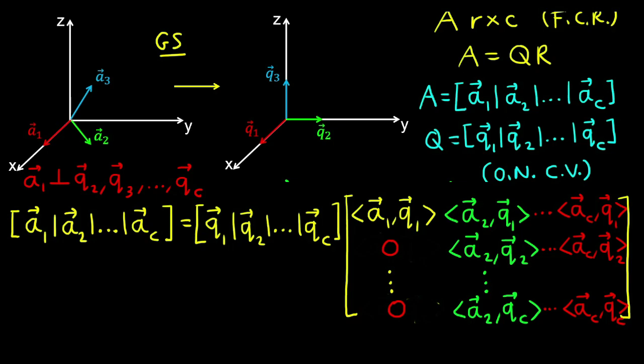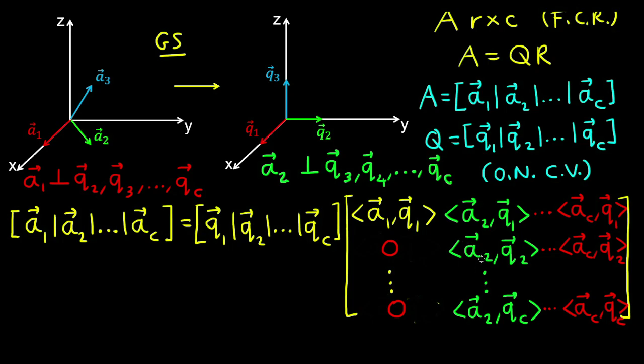Similarly, if we look at the basis vector A2, we can see that it's orthogonal to Q3, but it's not orthogonal to Q1 and Q2. If you continue this, it'll be orthogonal to Q4 and up to QC.